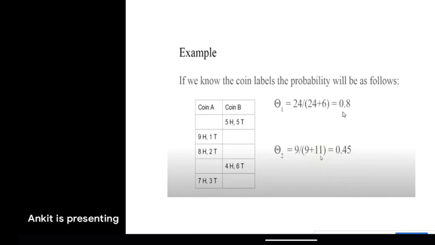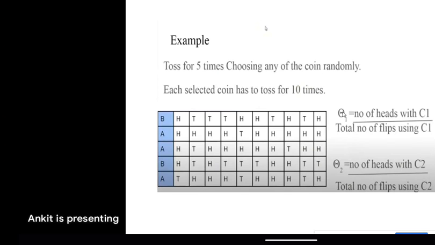Now guys, look, this is the case where the data are labeled, which means we know that the first row is the possibilities of coin B, the second row is the possibilities of coin A, the third row is the possibility of coin A, the fourth row is the possibility of coin B, and the fifth row is the possibilities of coin A. We know this because all the data are labeled here, right?